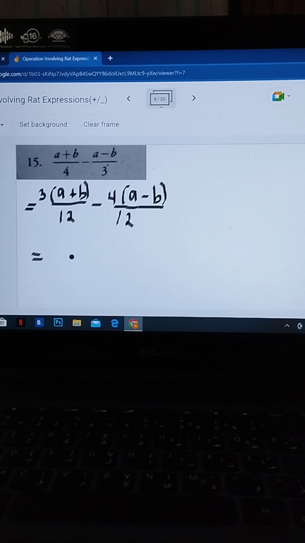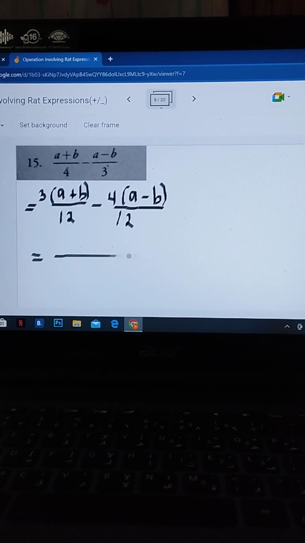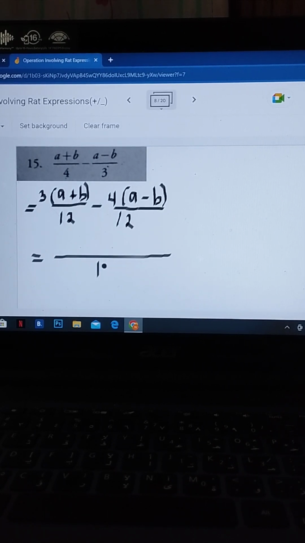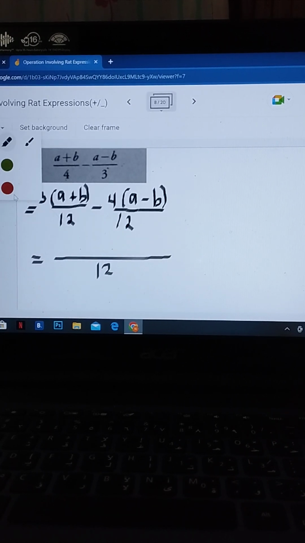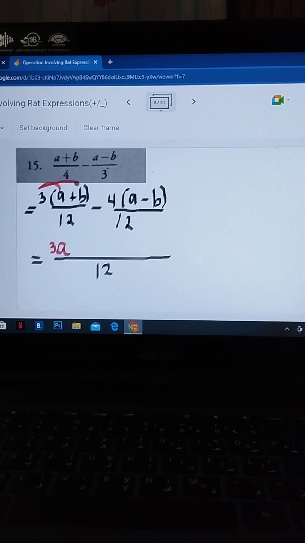Okay, so this is now equal to, apply the distributive property in the numerator. So copy the same denominator, that is equal to 12. Next is 3 times A is 3A. 3 times B is 3B.